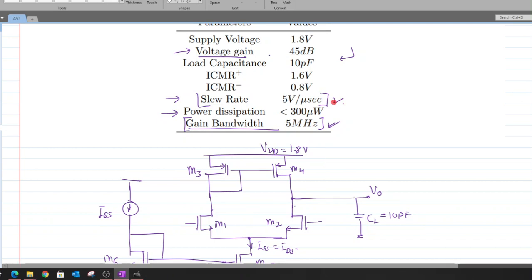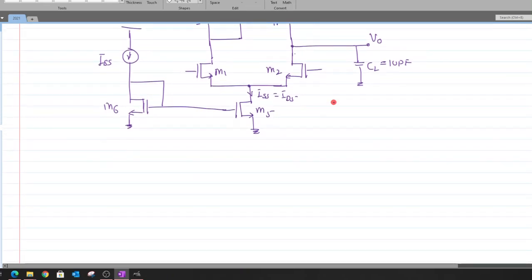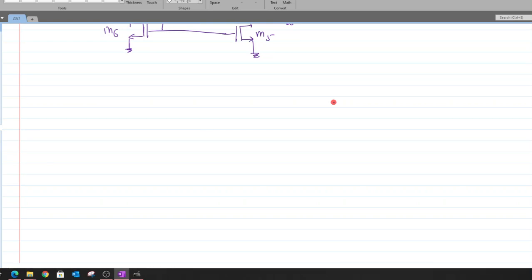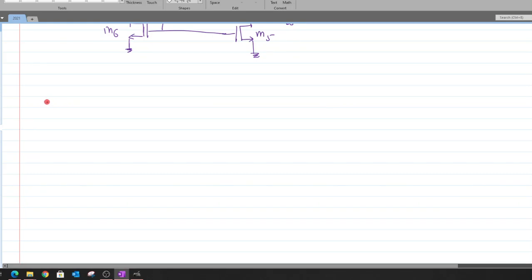Okay, so with that being said, let me try to list out the steps that are necessary to calculate the aspect ratios of the transistors that are used in the schematic.